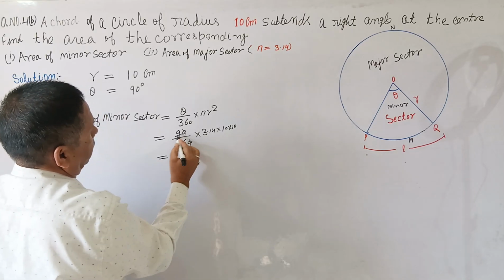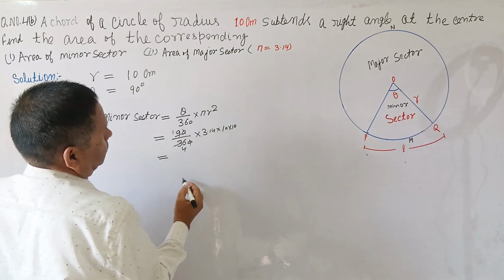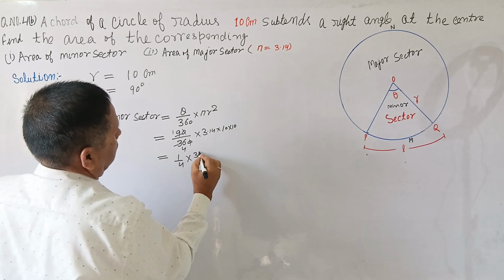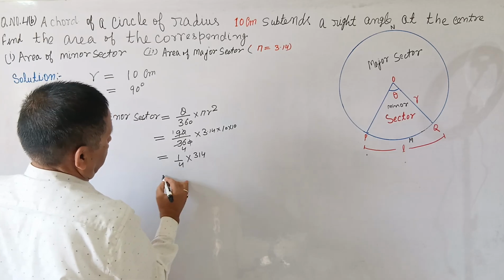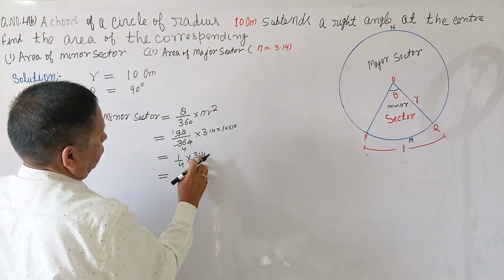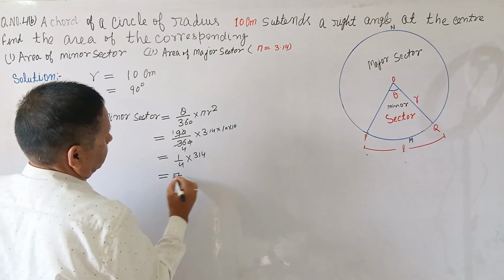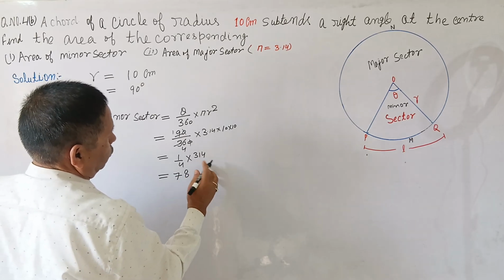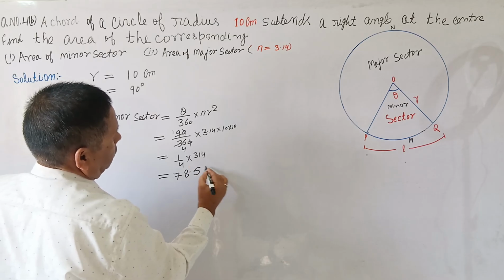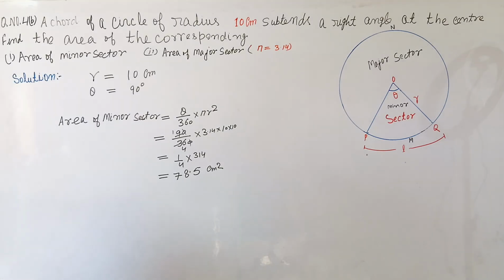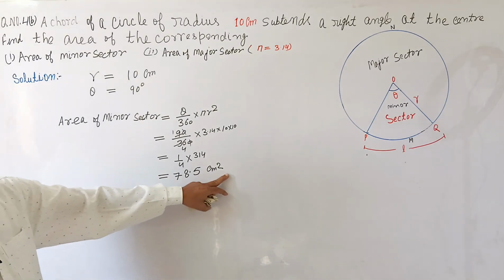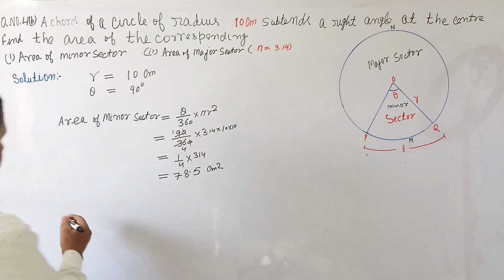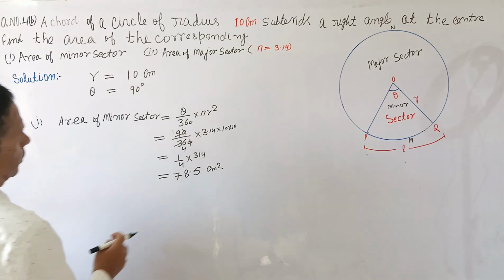So this cancels: 9 fours are 36, so we get 1 by 4 into 314. 4 sevens are 28, 4 eights are 32, and so we get the area of the minor sector equals 78.5 centimeter square. After this we will calculate the area of the major sector. So the first part is over, that is 78.5 centimeter square.